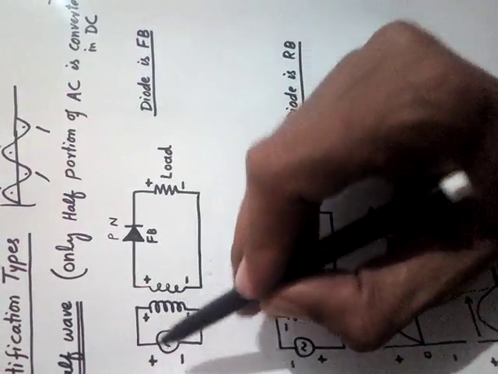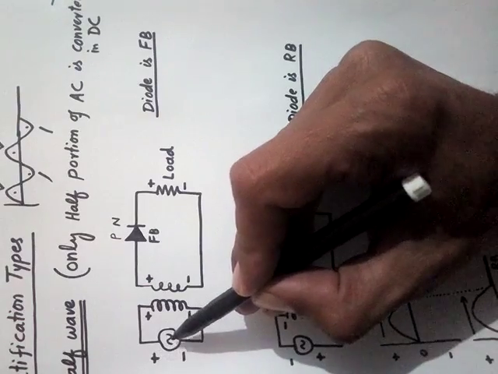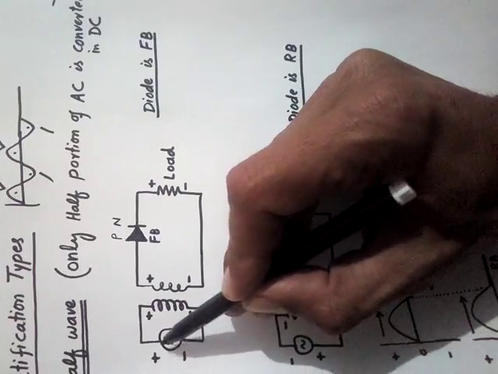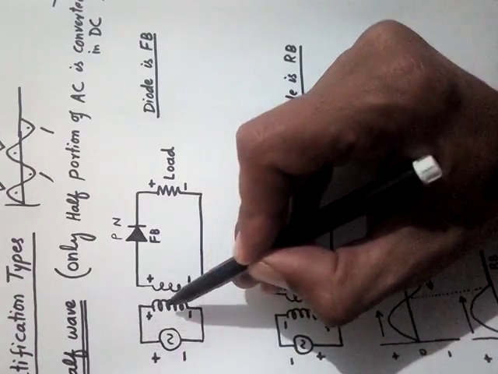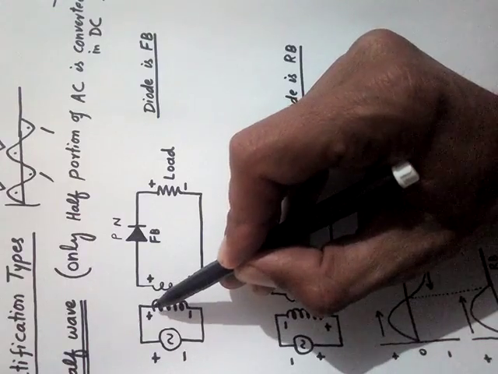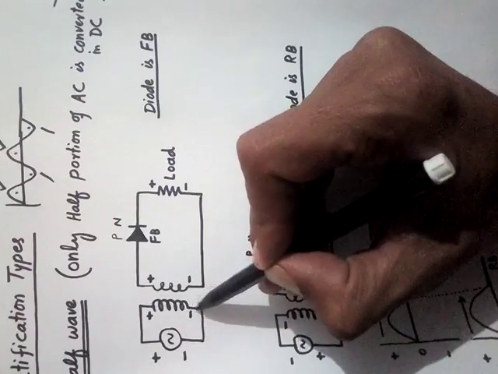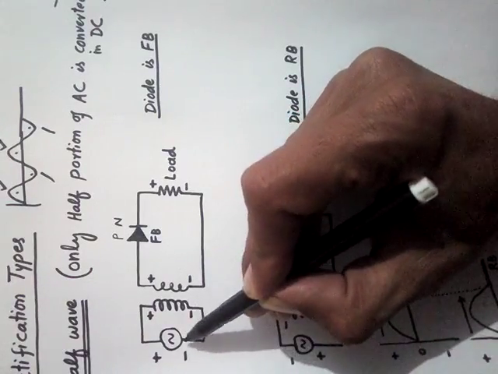Now you can see that when the upper terminal of the alternating source is positive and this terminal is negative, due to this positive connection, the upper portion of the primary coil is also positive, and this terminal is negative because it is directly connected with the negative terminal of the source.